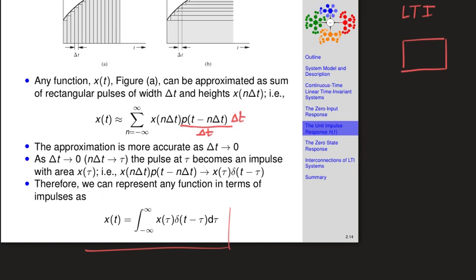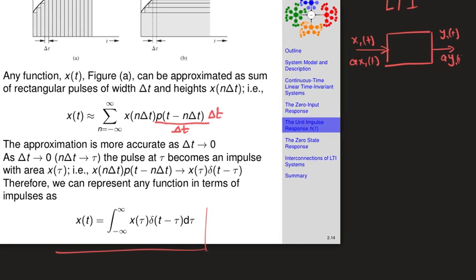Right? So for a linear time invariant system, if I know that x1 of t produces y1 of t, right? Then a x1 of t will produce a y1 of t, right? That's by definition, correct?